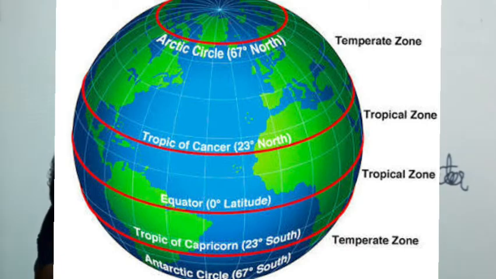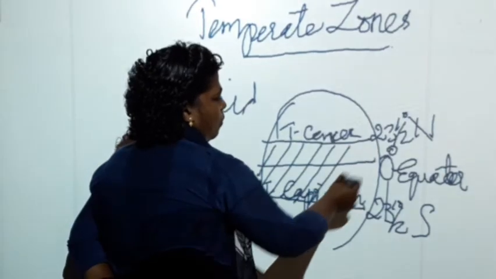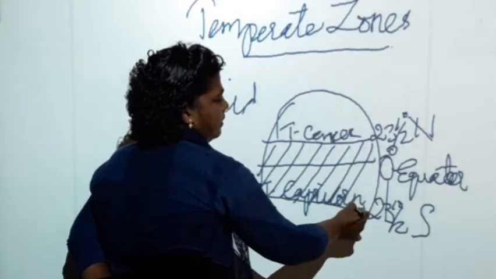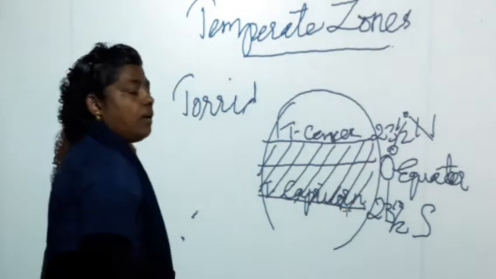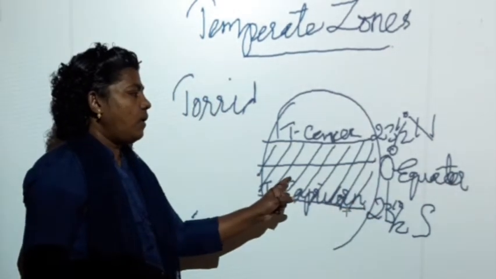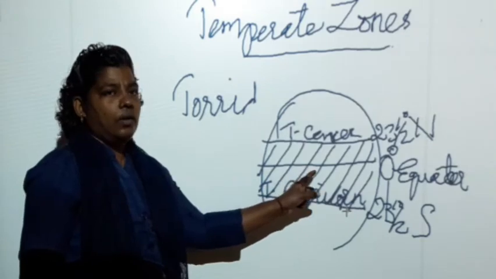Between this area we call it as torrid zone. This region is called torrid zone.